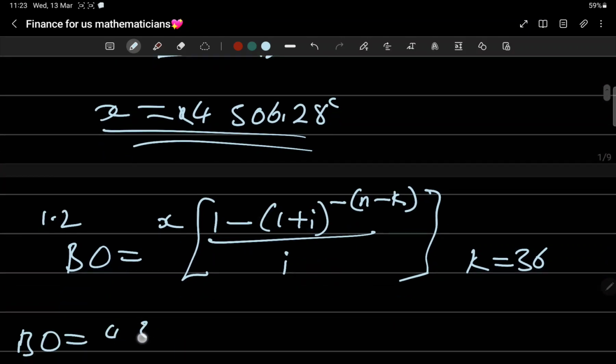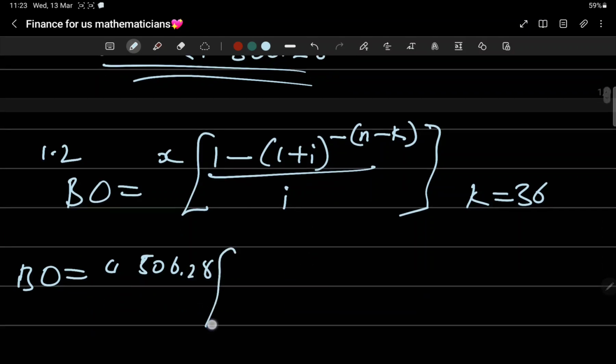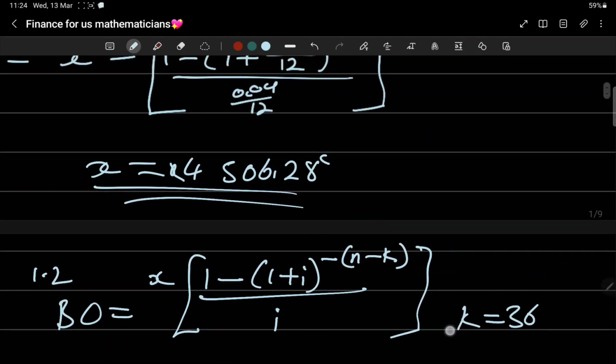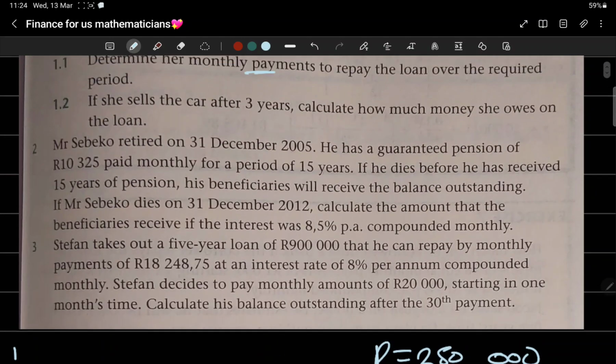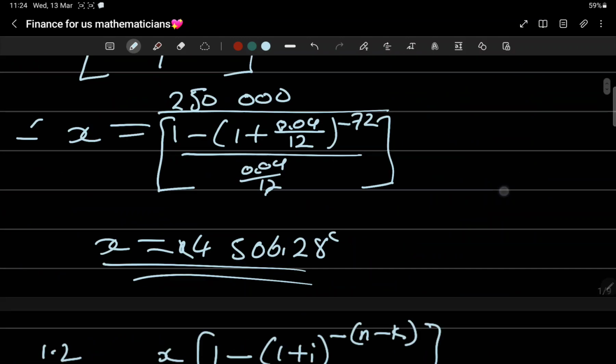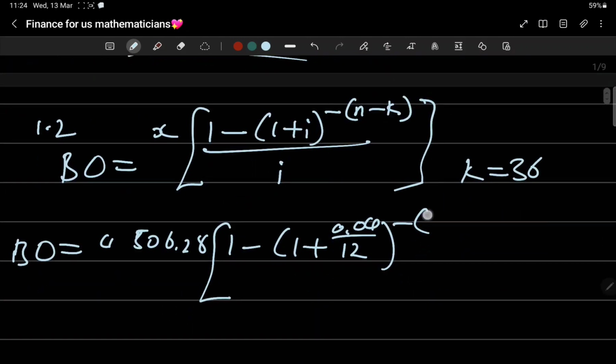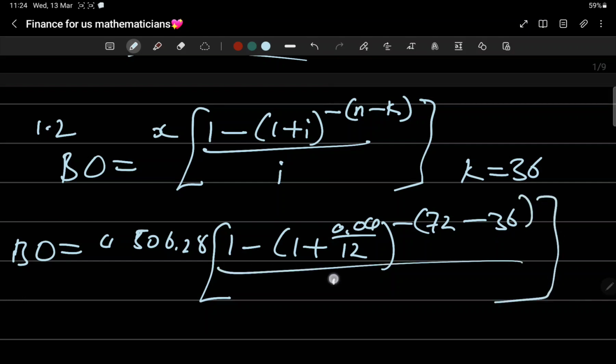So this is 4,506.28, times 1 minus (1 plus 0.09 over 12) to the negative, n still 72, remember n was 72, minus k, 36, then over i.